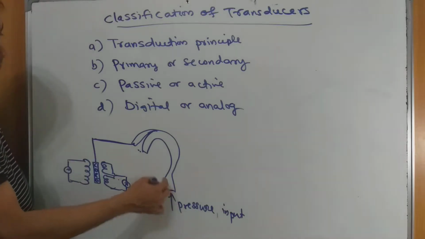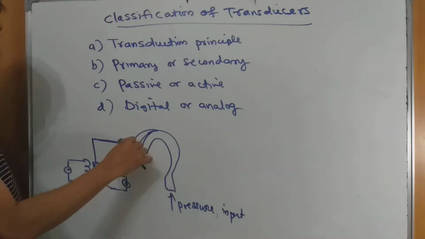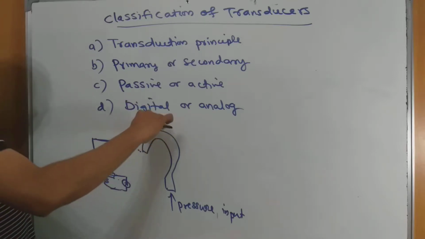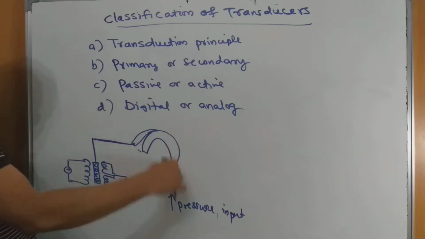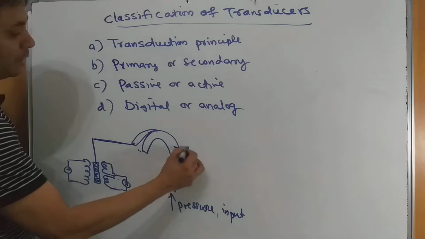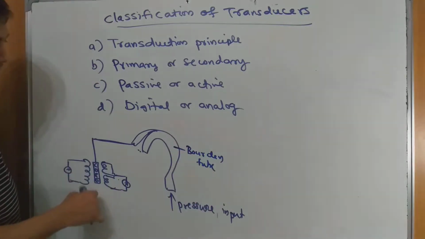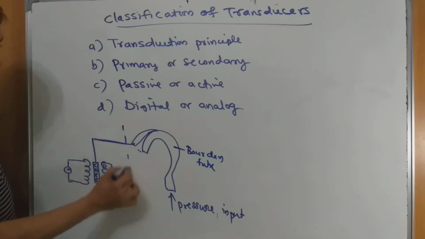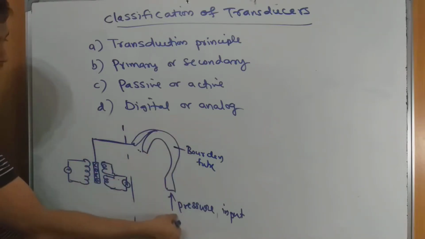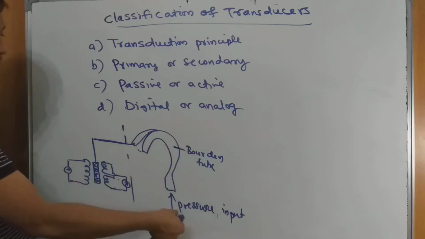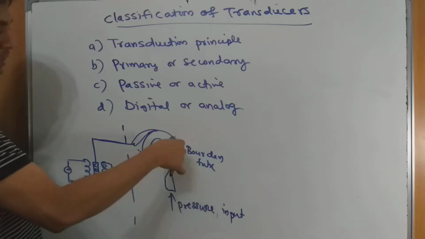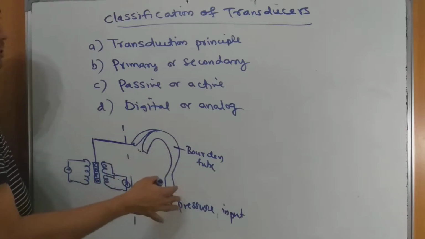Because of the pressure, the Bourdon tube is going to stretch, and this extension or deformation in the Bourdon tube makes corresponding changes take place here. So the pressure input is transformed into some kind of mechanical displacement.